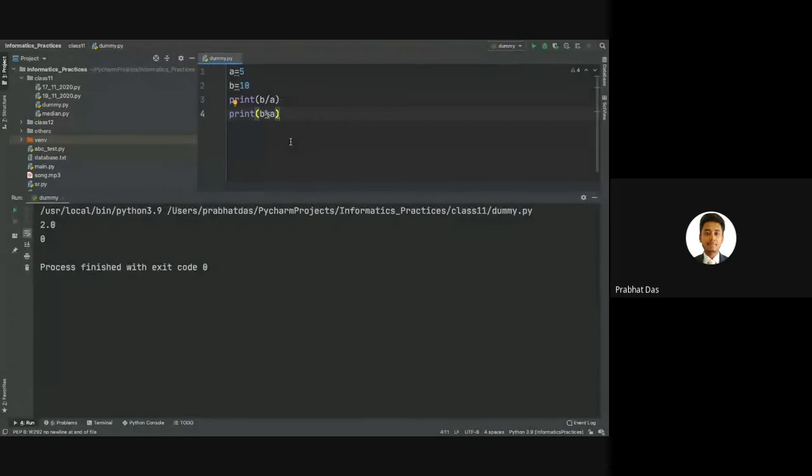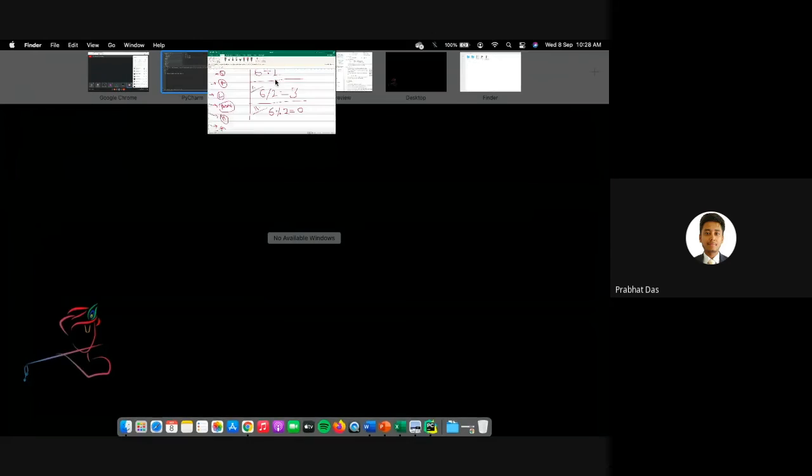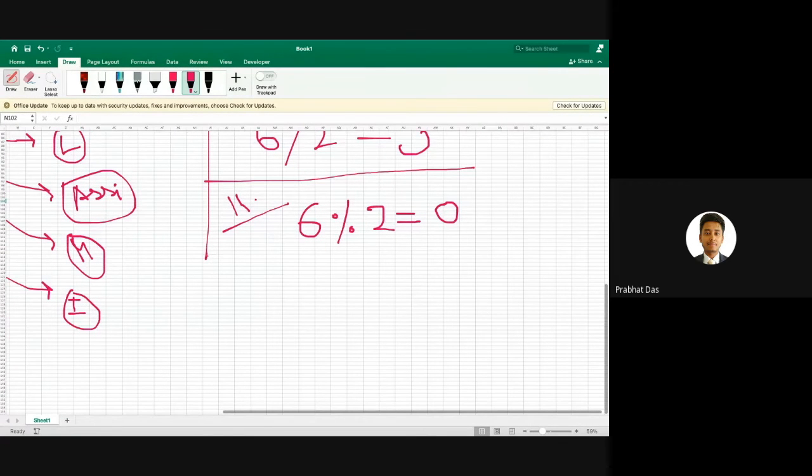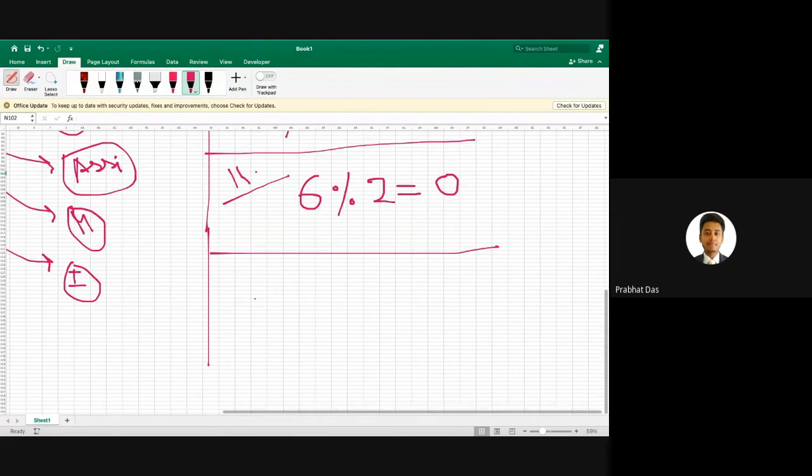There is one more type of division, which is floor division. So how is floor division done? This is case 3, floor division.